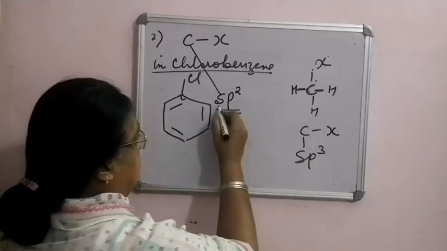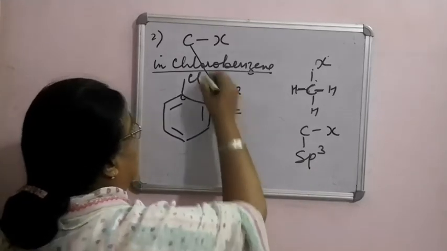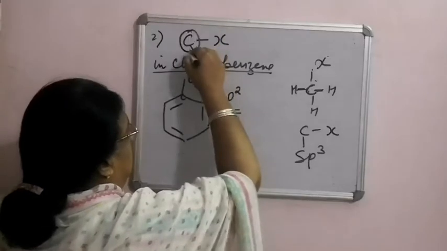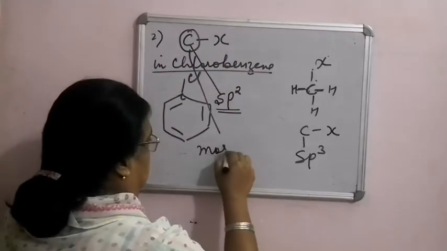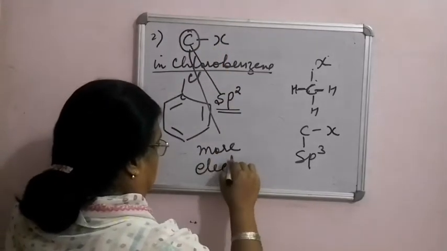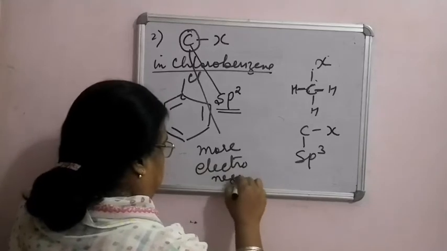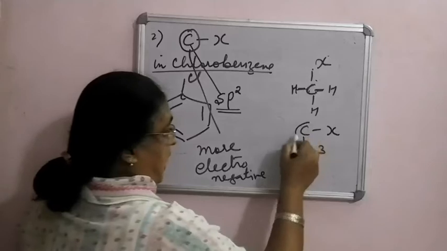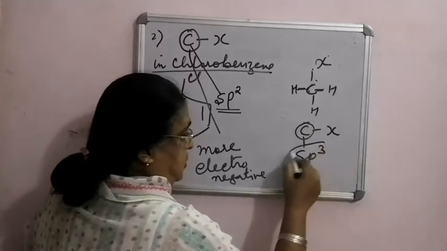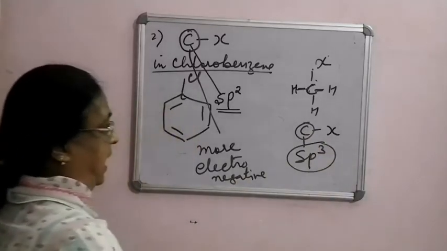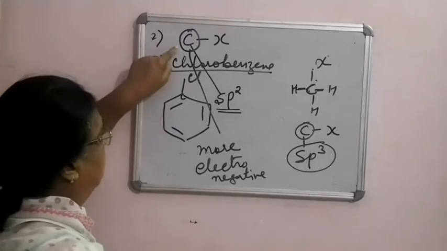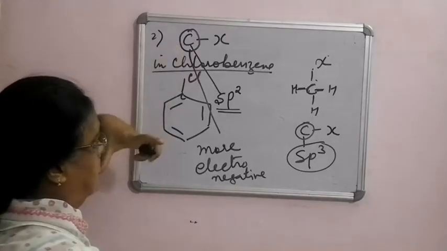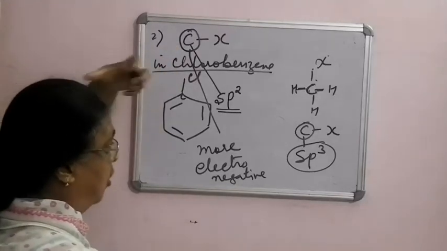When it is in sp2, this carbon is more electronegative than the carbon in alkyl halide, which is in the sp3 hybridized state. More electronegative means it has more electron-pulling power.